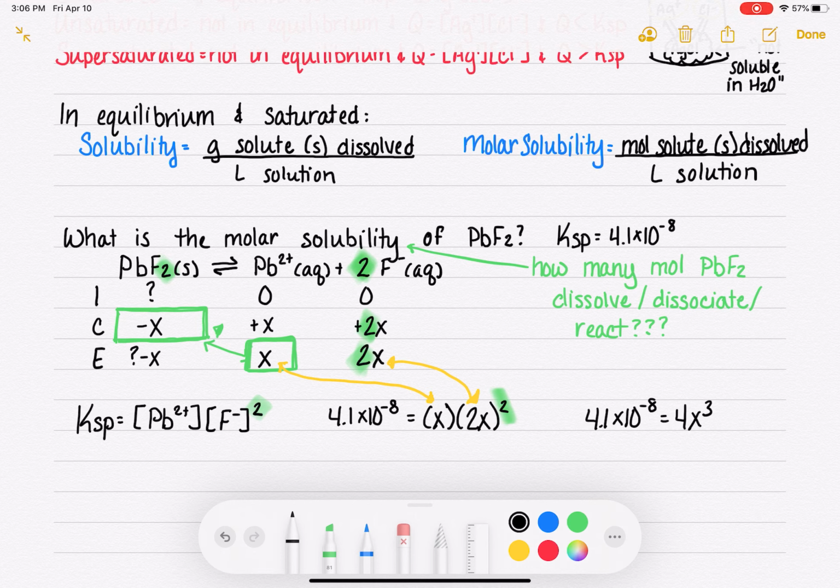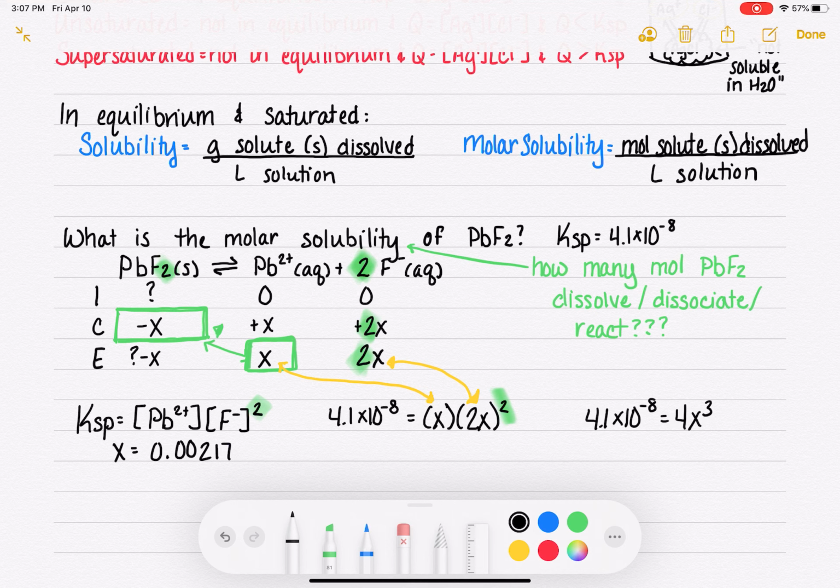Let me get my calculator out here. 4.1 times 10 to the minus 8 divided by 4, and then take the cube root. And it looks like I am getting X is 0.00217.